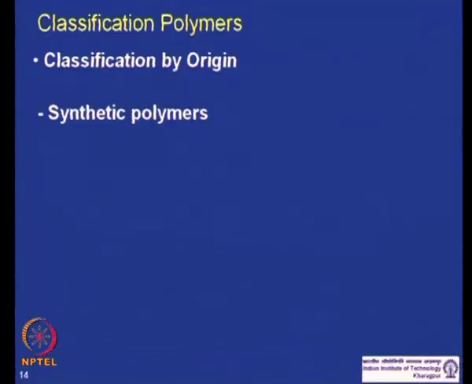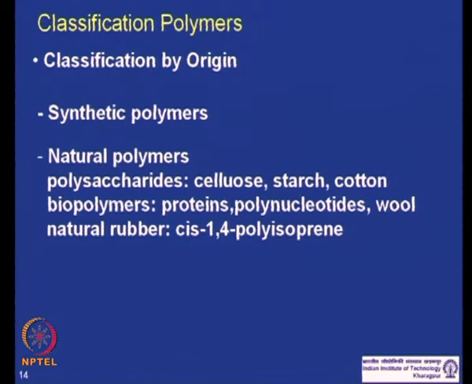Majority of polymers are synthesized in the lab or in a plant, in most cases from petroleum resources, and in some cases from natural resource derived monomers. So, we can classify as synthetic polymers, the polymers we synthesize in the lab, or we can classify as natural polymers, in which case polymers come from nature.